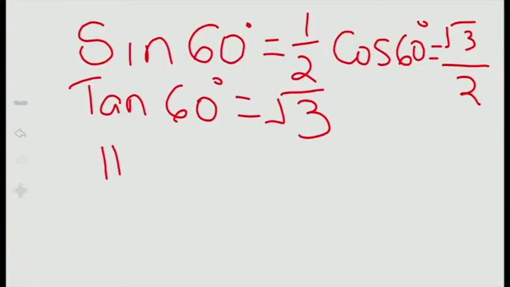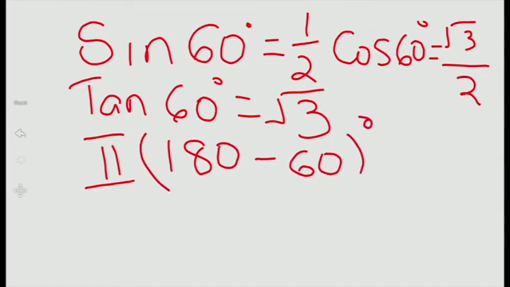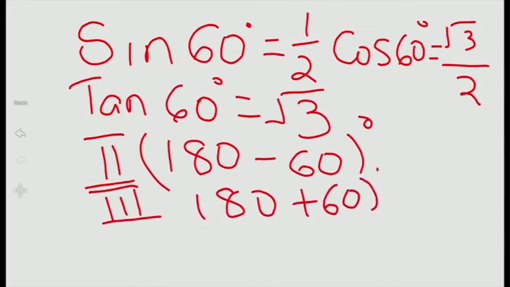Before they even ask you which angle to calculate for, you should be aware of how to find the corresponding angles in all other quadrants. So in the second quadrant, we have 180 minus 60 degrees. In the third quadrant, we have 180 plus 60 degrees.